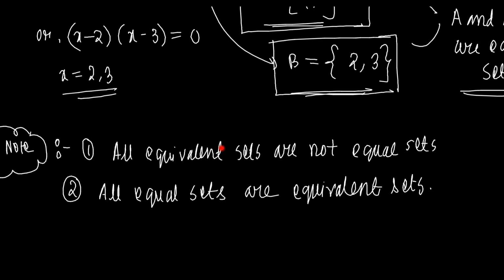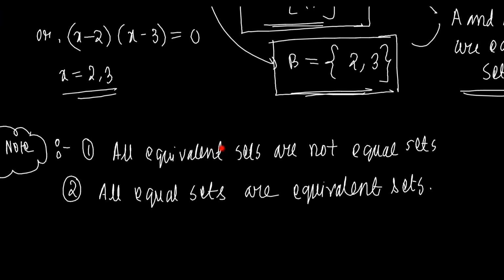If they have the same elements, that is no problem; then we will call them equal sets, and equivalent obviously. But if two sets are equivalent, we cannot directly say that they are equal sets, because in equivalent sets only the number of elements will be the same. Elements may differ.